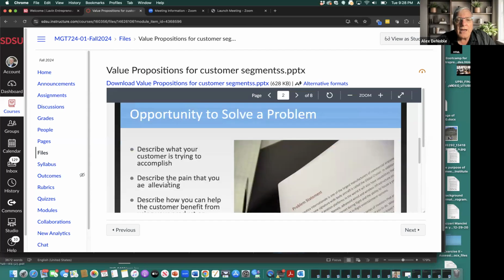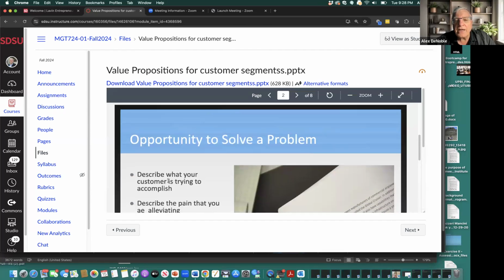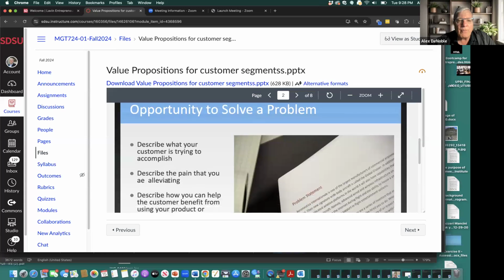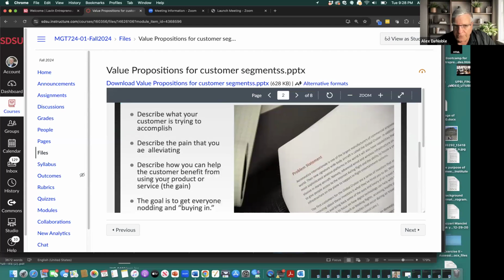So as we think about your opportunity to solve a market-based problem, you should be able to describe your customer. What is it your customer is trying to accomplish? As you envision creating products or services for your customers, what are they trying to accomplish?